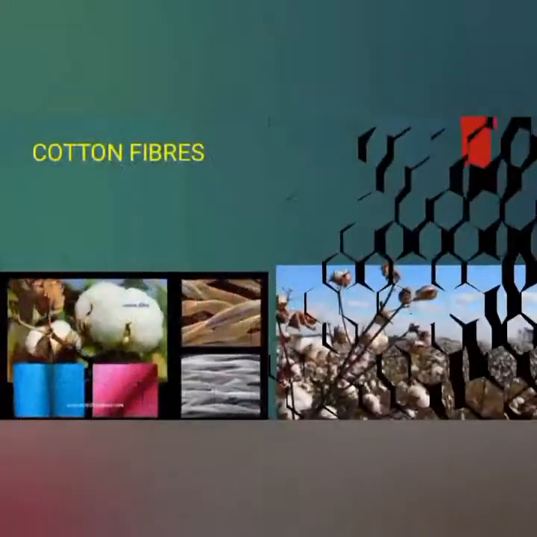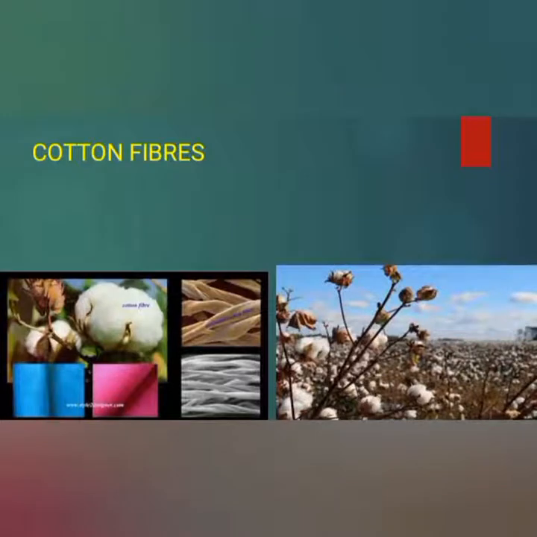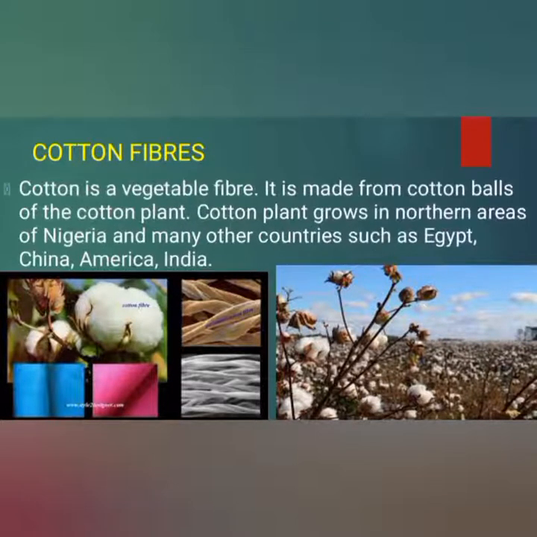And that will bring us to the second fiber, which is cotton fiber. Cotton fiber is a vegetable fiber, or we can say plant fiber. It is made from cotton balls of the cotton plant.